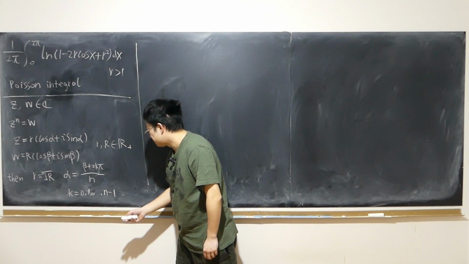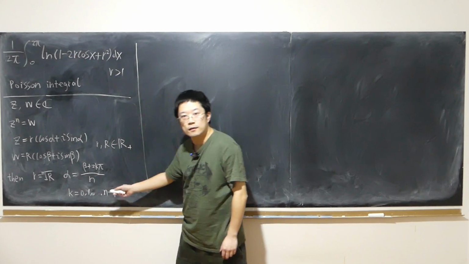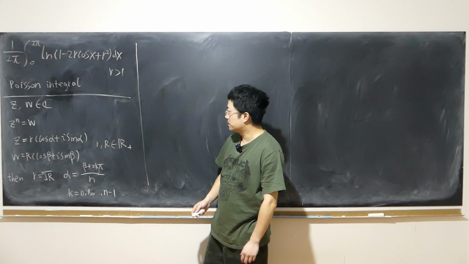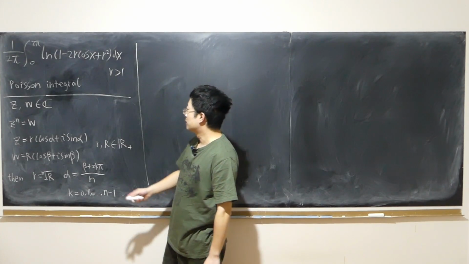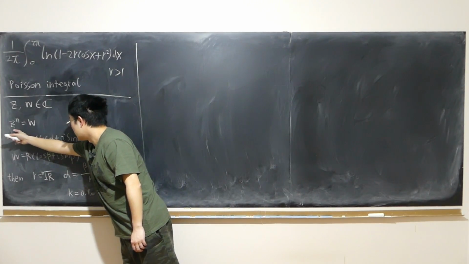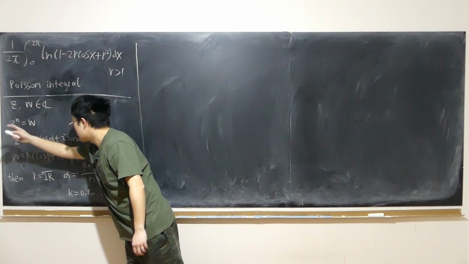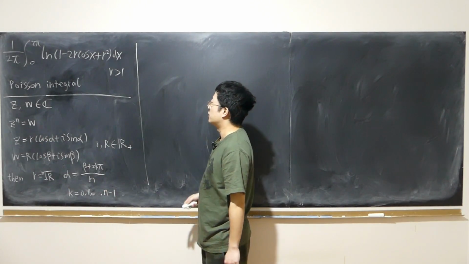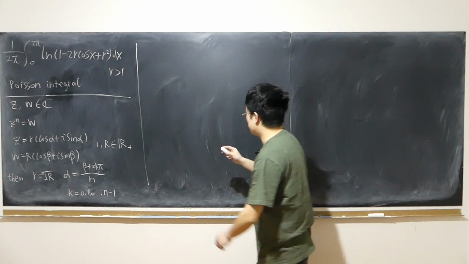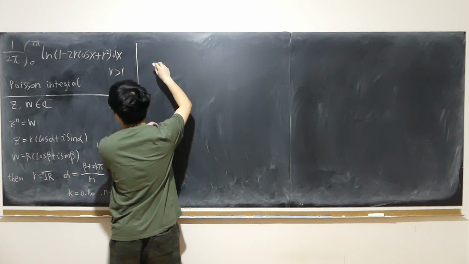In other words, there are exactly n different roots. If we consider z as the unknown, we have n different roots for z. W is fixed.